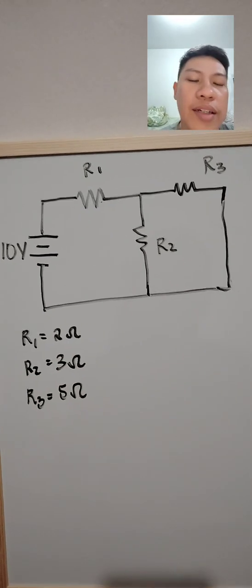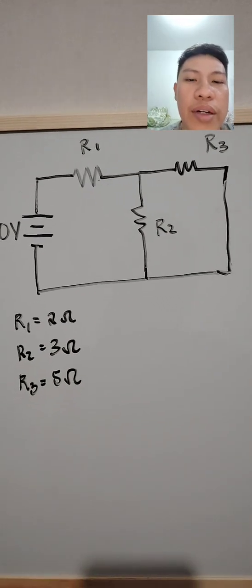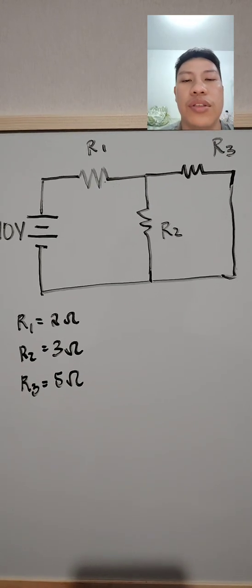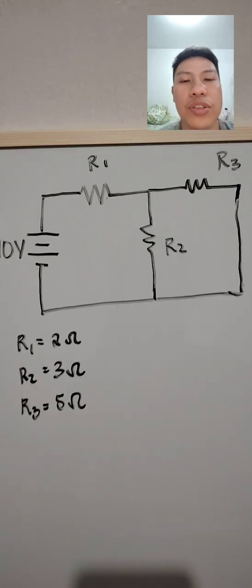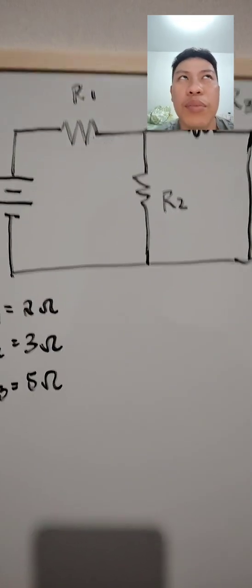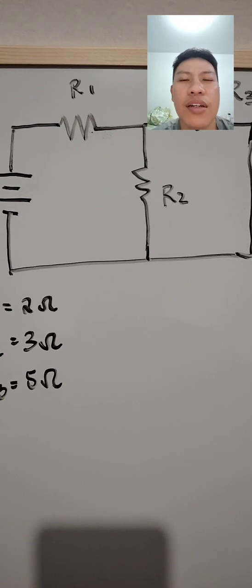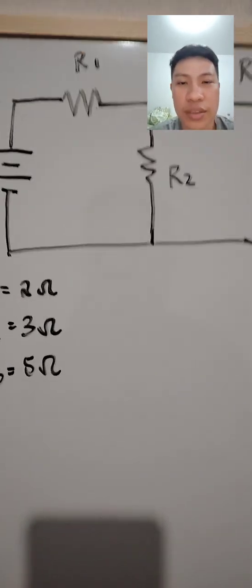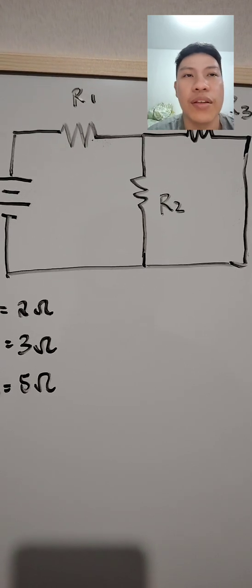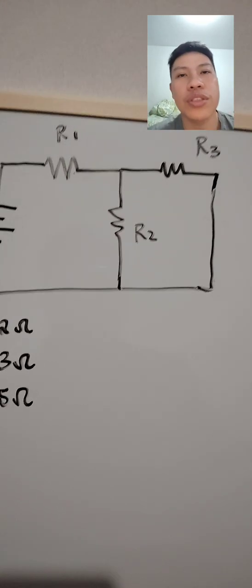we will analyze where current flows through every resistor. Let me repeat that. We will analyze the direction of the current that flows through each resistor.